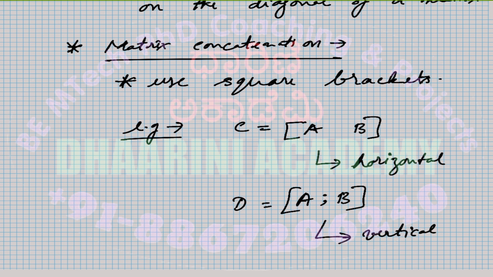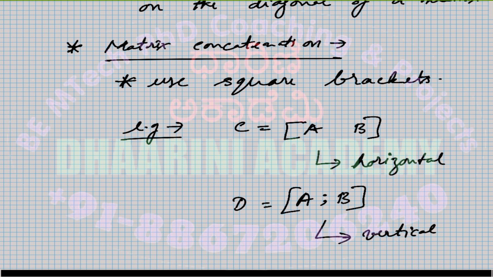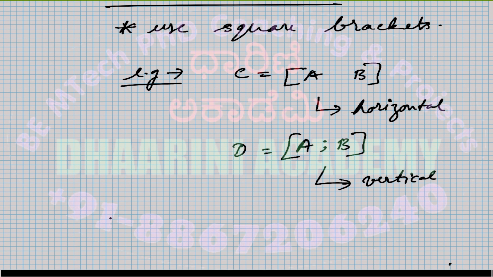Then, in addition to this, we have a slightly modified way, or we can even use a function for the concatenation. The first function is called HORZCAT.